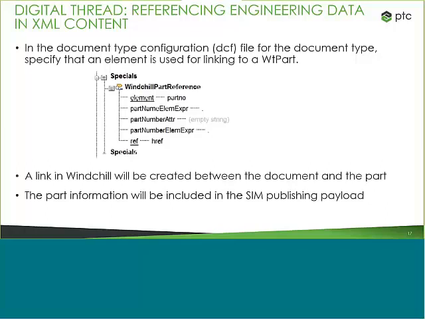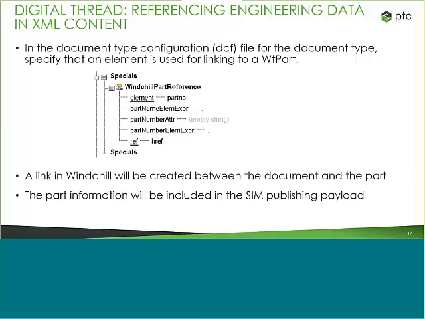And what this Windchill part reference allows you to do is identify a particular element in your document type and an attribute, in this case the ref attribute, that should be treated as a link to a part in Windchill.